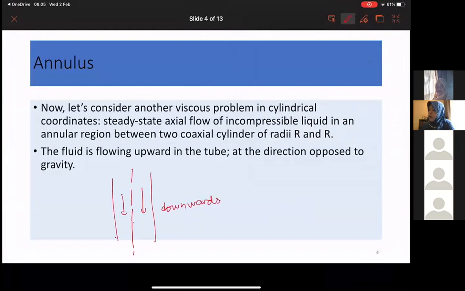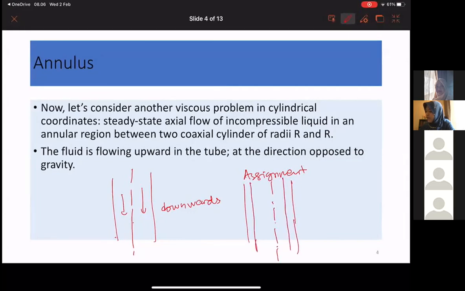You also have an assignment where you have a pipe with a falling film inside the cylindrical wall. So it is an open system, and you know the boundary condition as well.